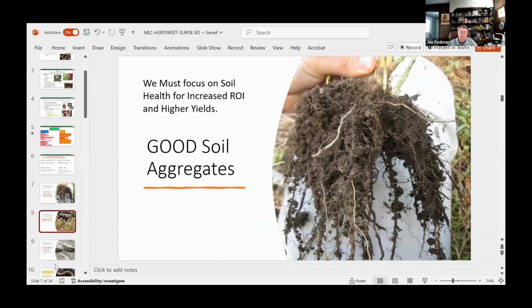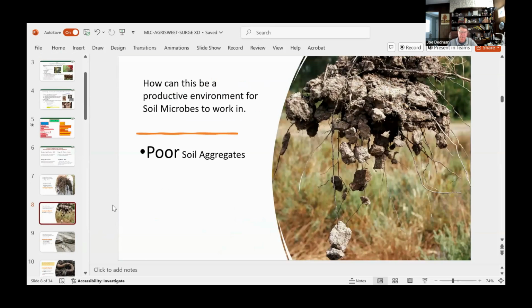And then when you go to the poor soil, which a lot of times we deal with, you see this kind of thing. So there's not a lot of structure. There's not a lot of texture. And therefore the root mass doesn't even have anything to hardly grow in, nor does it have biology there to help facilitate nutrients and moisture into the plant.